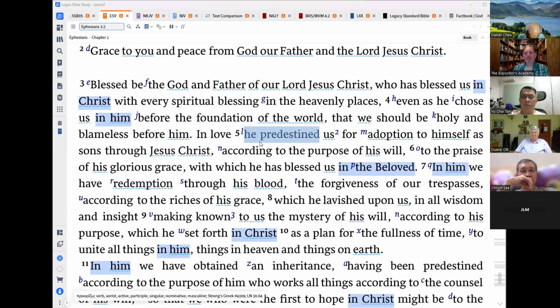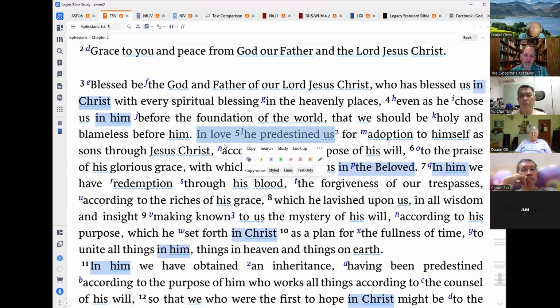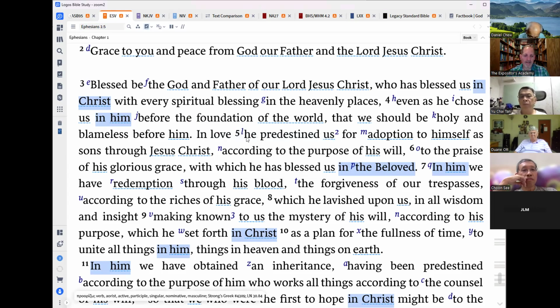Now, that same idea, God predestined us, is expressed in both translations, but here the ESV presented it as an independent statement when actually it is dependent. It's a phrase that's dependent on what went before it.